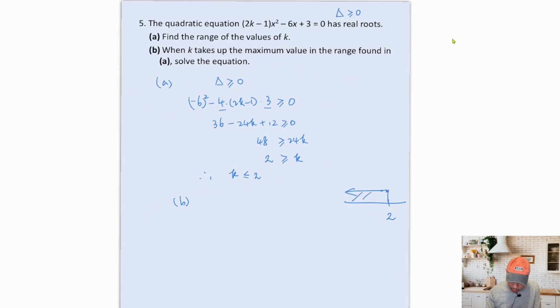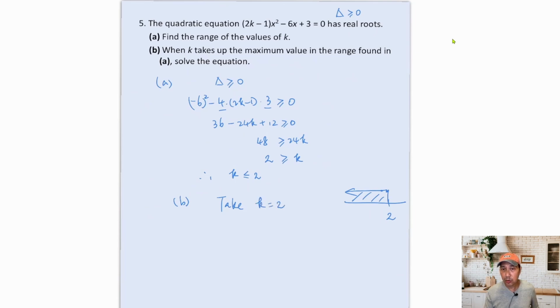The question asks us to find the maximum value of k, and the maximum obviously should be 2. So we take the value of k as 2.